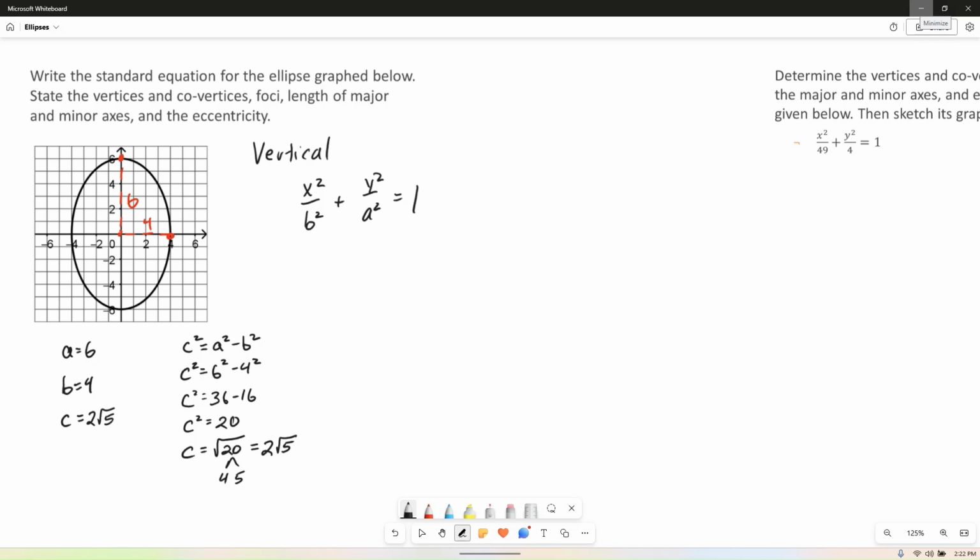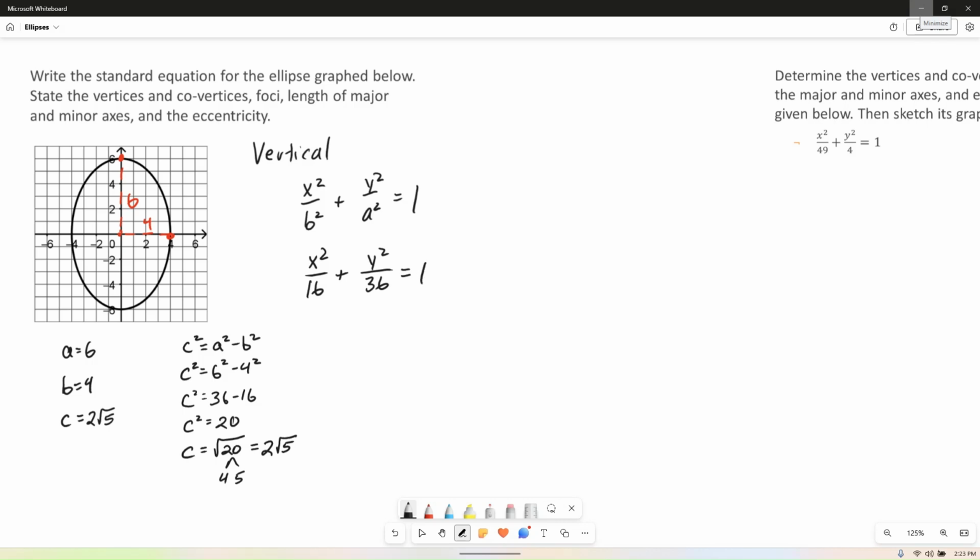So we have enough information to write out our equation. Again, I know it's x squared over b squared plus y squared over a squared equals 1. Let's plug in our a and our b value and then square them. We have x squared over b squared, which is 4 squared, or 16, plus y squared over 6 squared, and 6 squared is 36, and that is equal to 1.